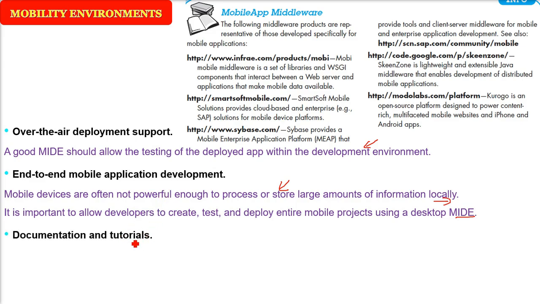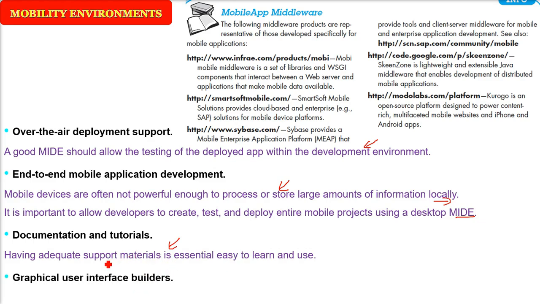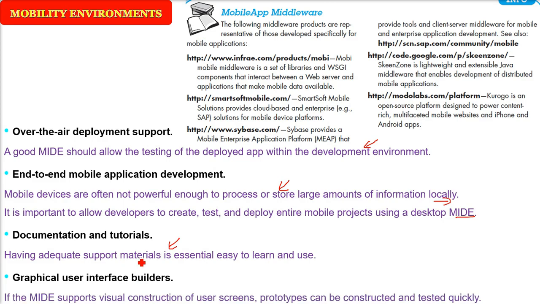Documentation, tutorials, support materials should be there, because while you are working you may get stuck somewhere. In order to learn and use it entirely or to solve a certain problem, you need effective documentation and tutorials. Graphical user interface builders. If the MIDE supports visual construction of your user interface, like we were doing in Qt.